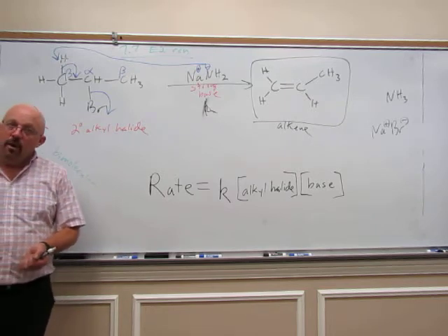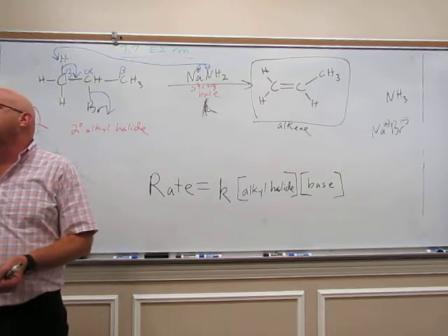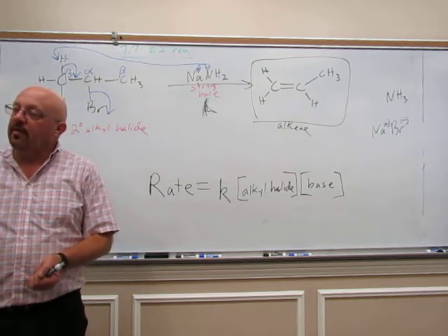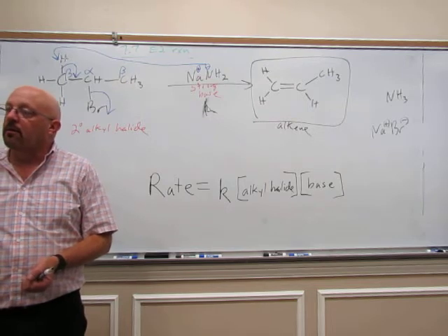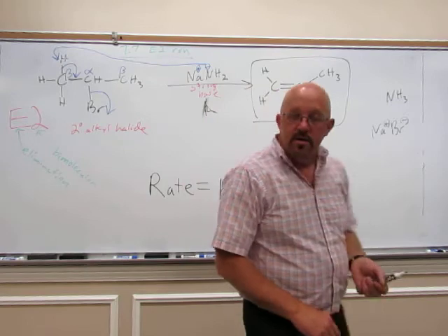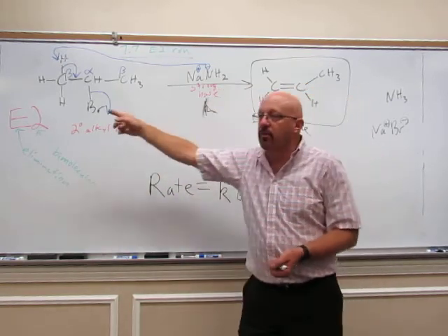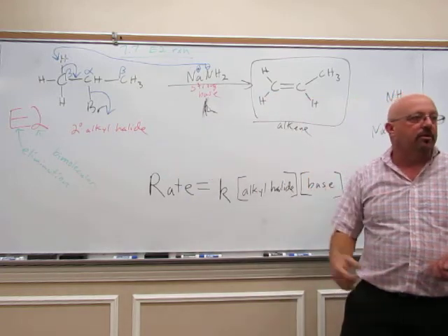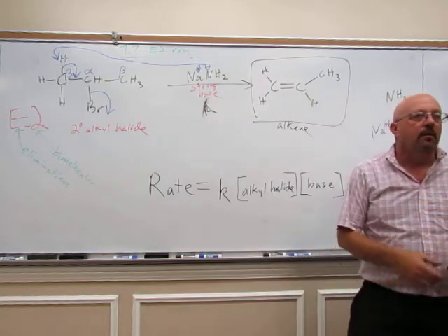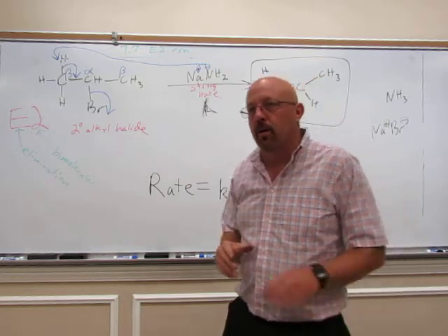Now what I gave you in that chart the other day is the one that wins. They're always competing, but I've given you in that chart the one that wins out under the conditions that I had listed there. So, for a secondary alkyl halide with a strong base, the E2 wins out, and we get our elimination. If I were to have a weak base here, then SN2 wins out, and we get substitution. But they're always competing with one another.